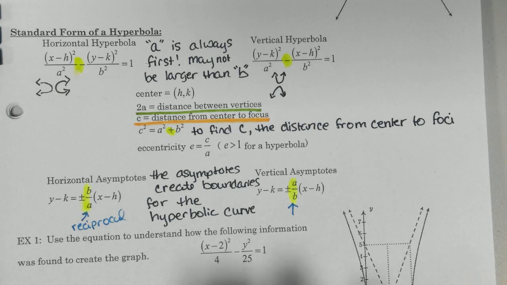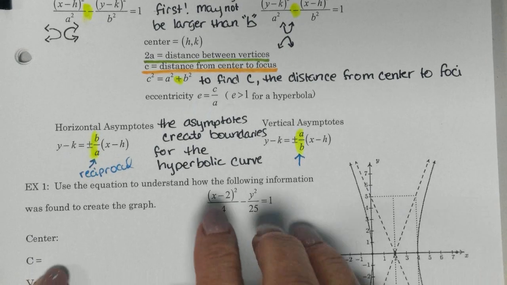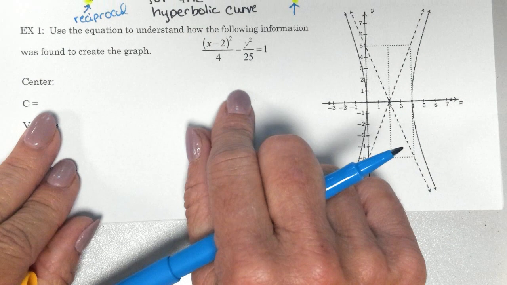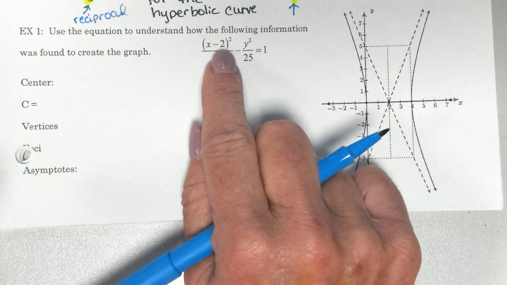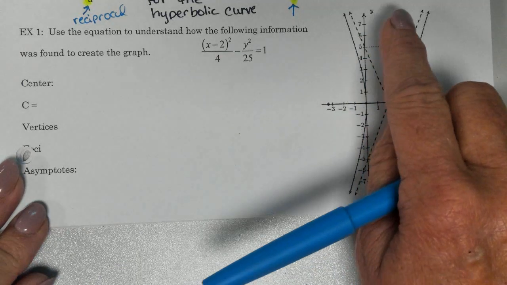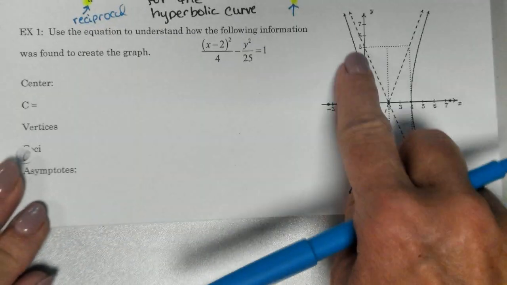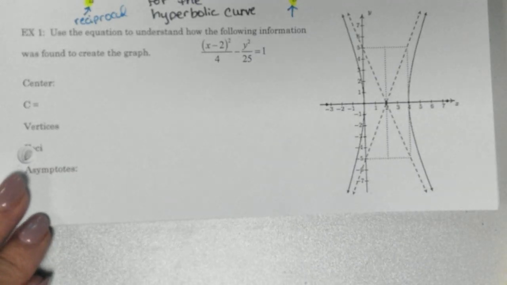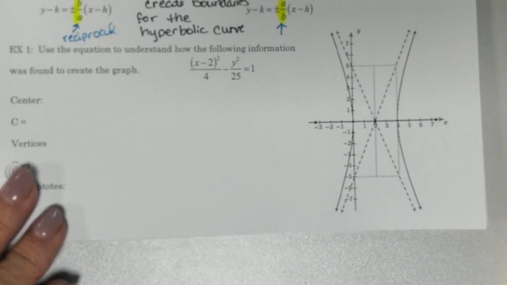So now what we're going to do is take this equation right here, get all the information out of it, and I'm going to show you how this graph was derived by the information in this equation. Okay, first things first.